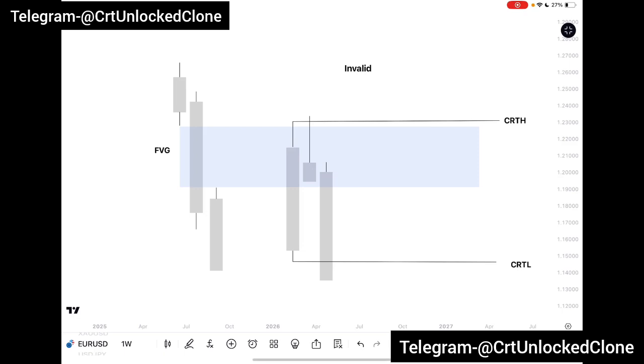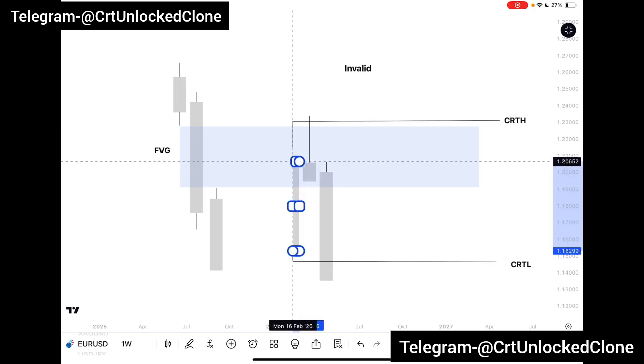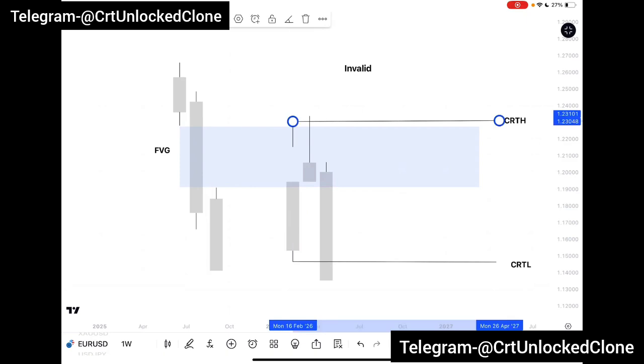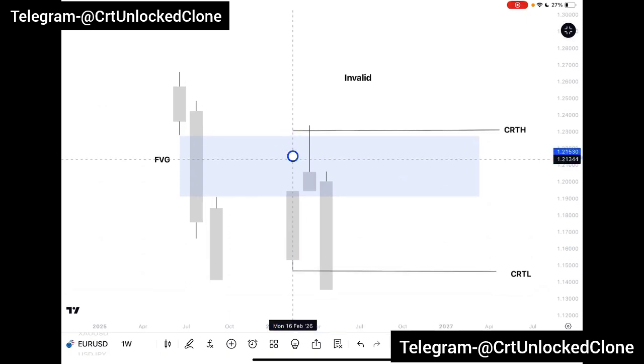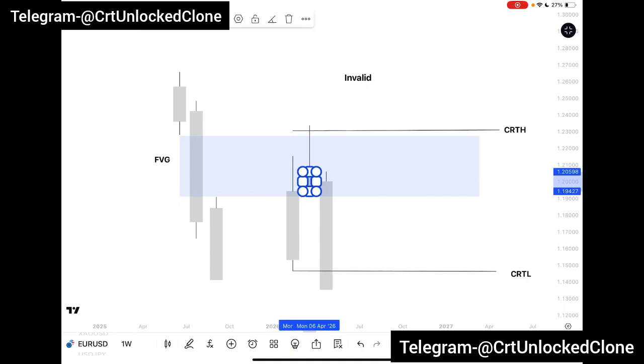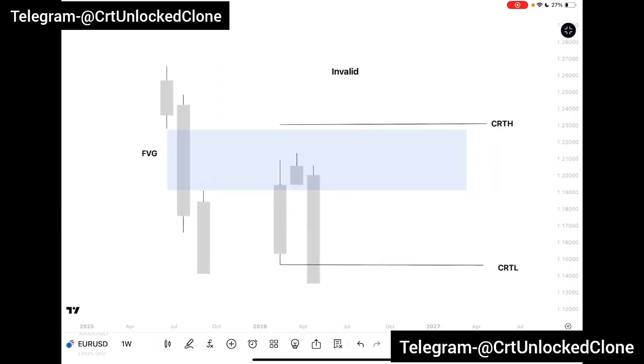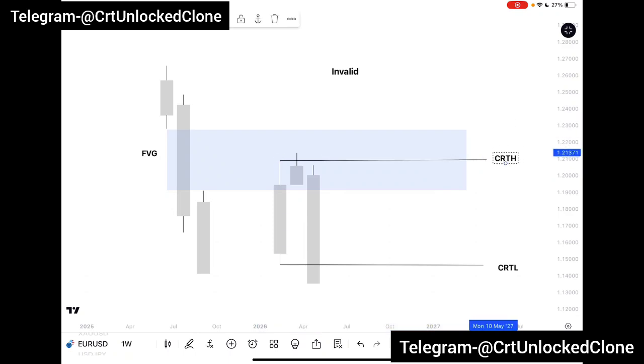And now let's see the next scenario. Now here, this is our CRT candle. Just listen very carefully, my dear people.